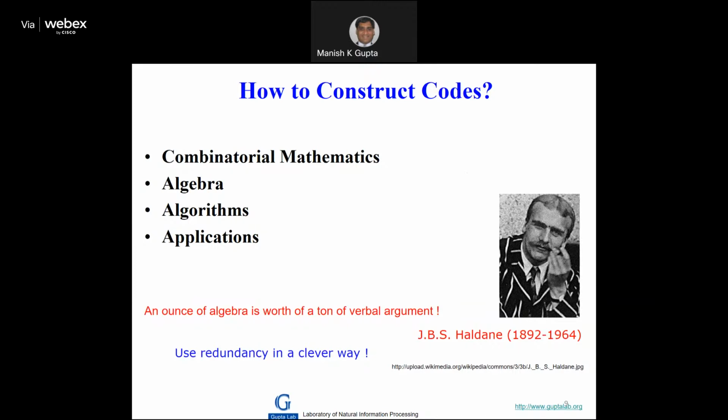Now, if you want to reconstruct the file, contact any k nodes in the system out of n nodes, and you will be able to reconstruct the file. So a beautiful algorithm is sitting there, which will reconstruct the file just by contacting any k nodes out of n nodes. Second, if a node fails, then the node can be repaired by contacting any d nodes in the system to reconstruct that data.